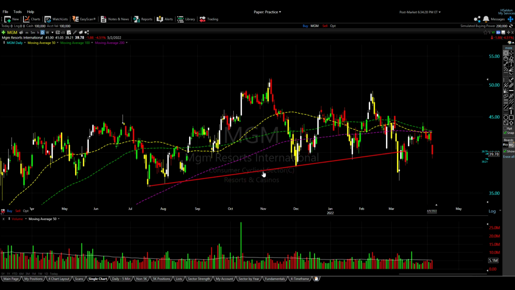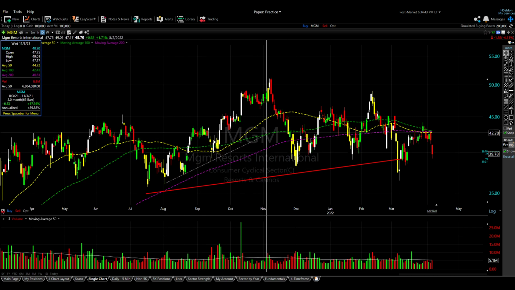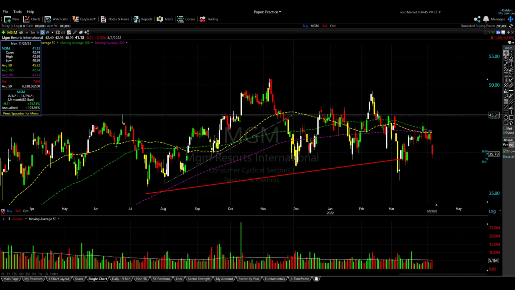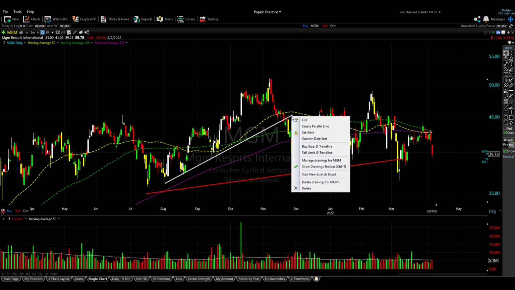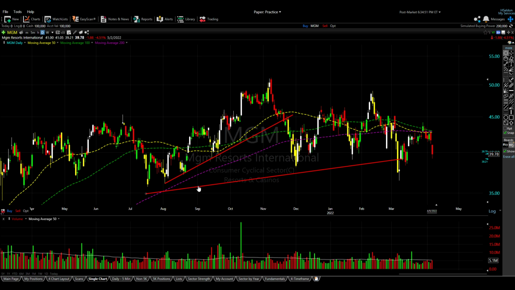Whereas here, you're connecting 1, 2, 3, 4 here until that. Now, if you were starting on this one here, then you would draw this up like this, and you would see clearly you have this violated to the downside right here. But for this one, we're going straight across. Okay.